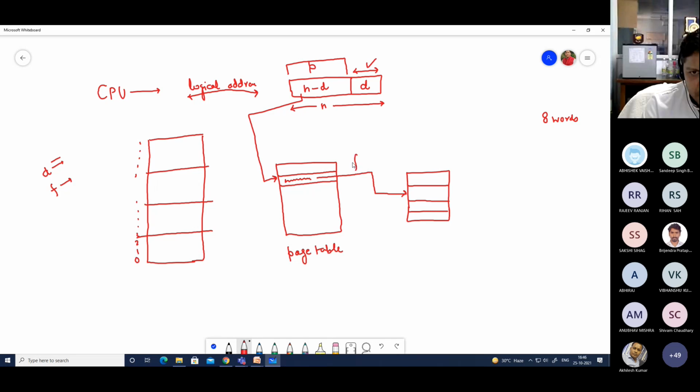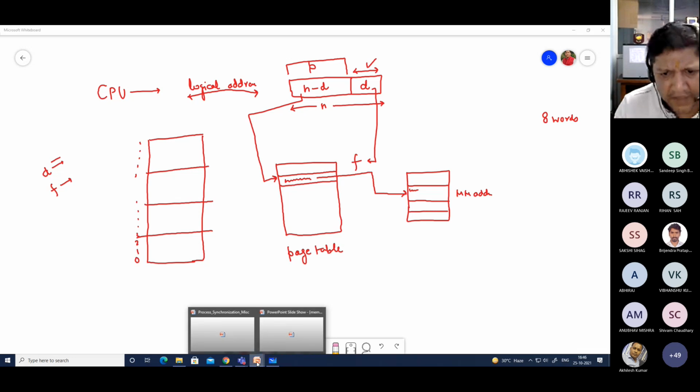Using that frame number and this displacement d, we can get the main memory address. So the CPU generates a logical address. Depending upon the size of the page and frame, the d bits will be formed. The remaining p bits, which is n minus d, where n is the complete number of logical address bits, index into the page table and get the frame number. Frame number plus displacement gives the main memory address. This is how paging is done at a very abstract level.